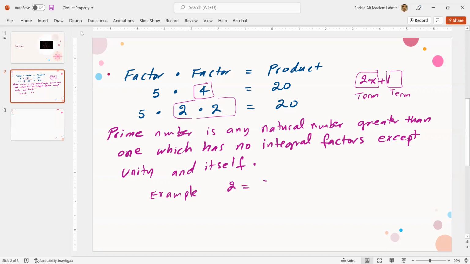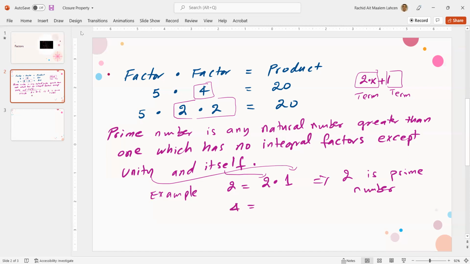You can write it as a product, but the only product you can write it as is 2 times 1. So the unity stands for the 1, and itself stands for the 2. Conclusion: 2 is a prime number.